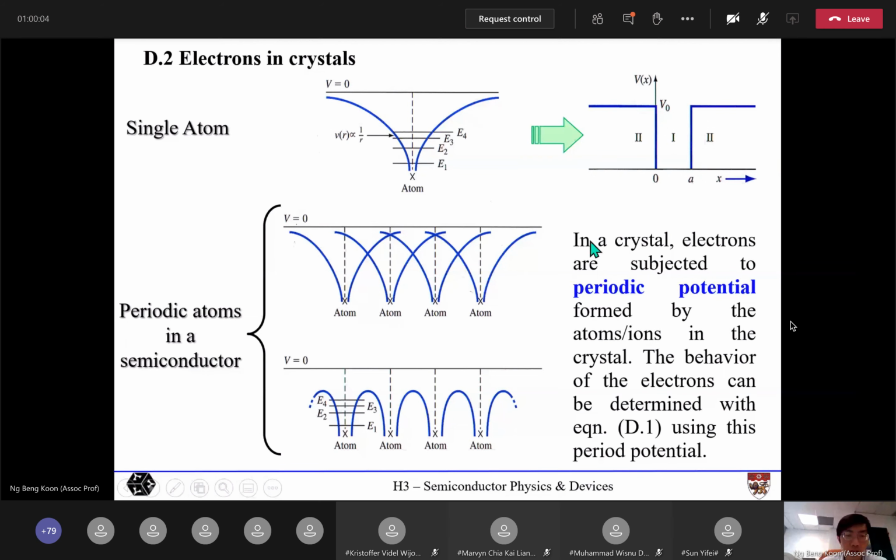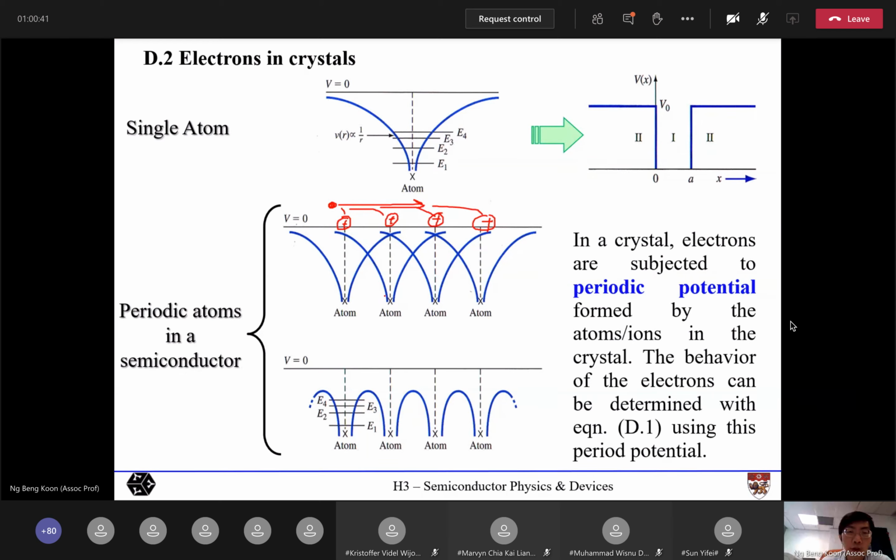So here we basically show, in this case, this will be the nucleus of an atom, this is another nucleus. If you consider a one-dimensional case again, like the single atom, let's say I have a crystal with atoms spaced some distance apart. When you have an electron that's moving in this region, let's say here, the electron will experience this potential energy from each individual nucleus.